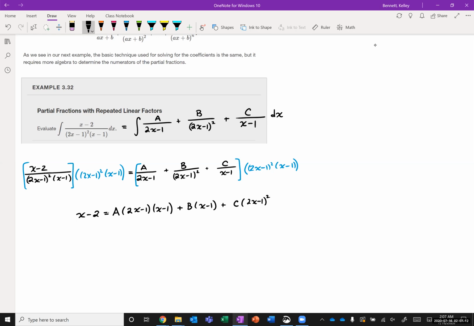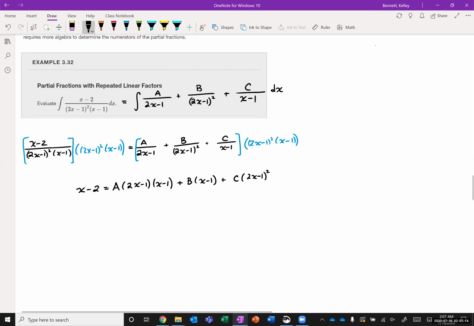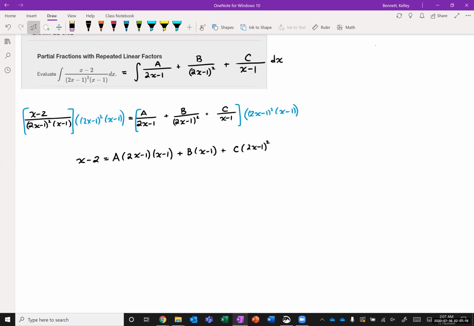So I still want to do this both ways, that is comparing coefficients and using the killer x method, because there are times when the killer x is so fast, very easy, especially when you have non-repeating linear terms. We're going to see an example after this one where comparing coefficients could not be faster.